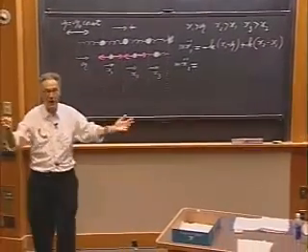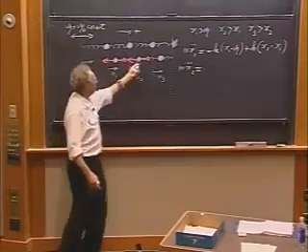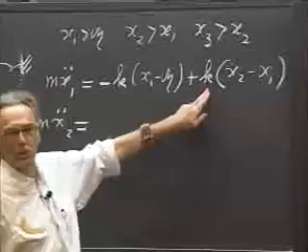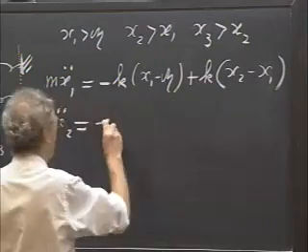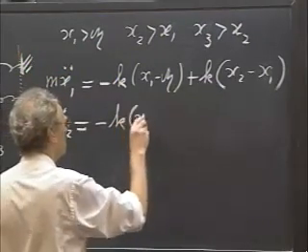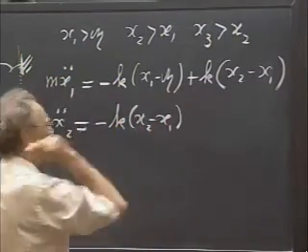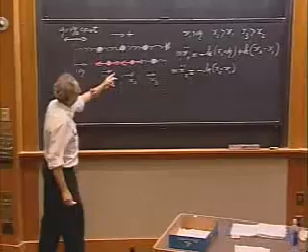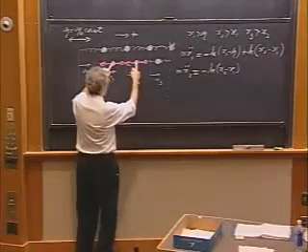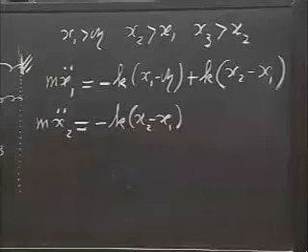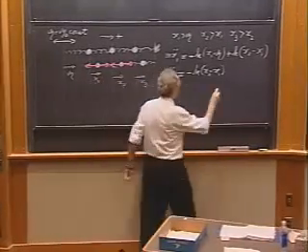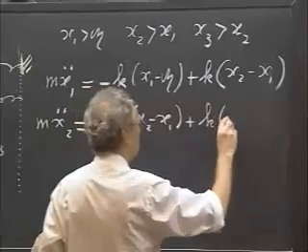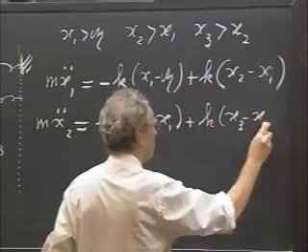Right? Action equals minus reaction. This pull is the same as this pull. So it is going to be this term, which now has a minus sign. You always see that in coupled oscillators. What was a plus here is going to come out here as a minus sign. So you see that? Comes out nicely. Because this spring is longer than it wants to be by an amount x2 minus x1, and the force is in the minus direction. And this one is now going to be plus k times x3 minus x2.